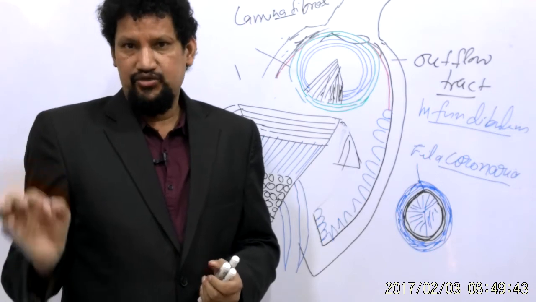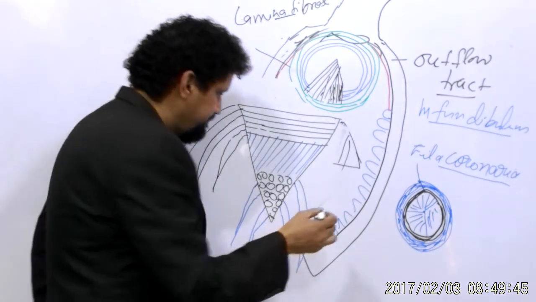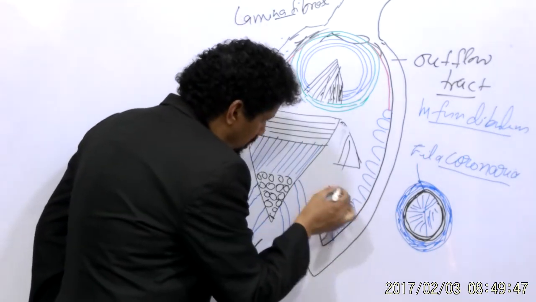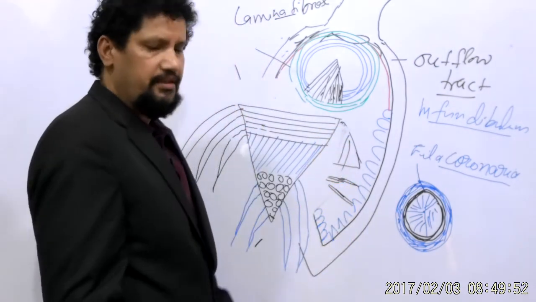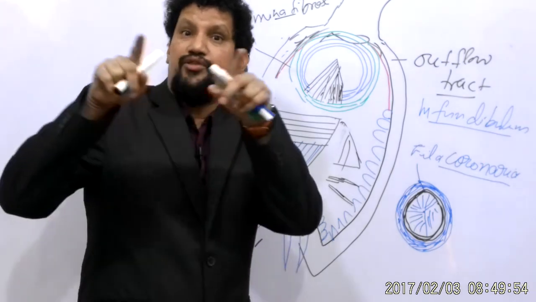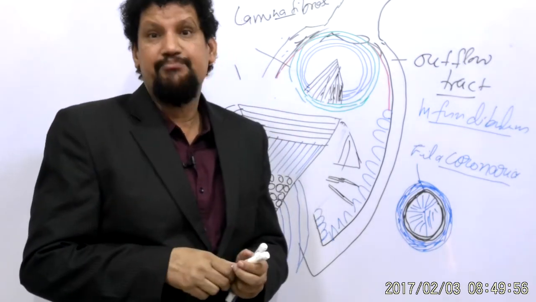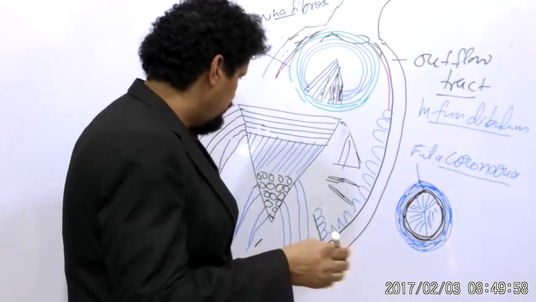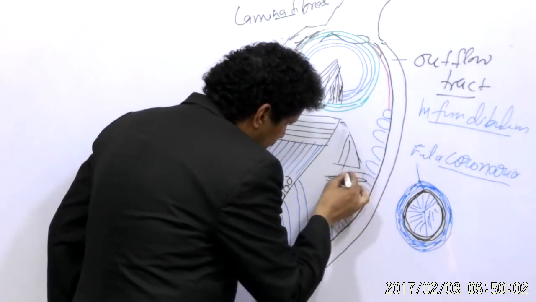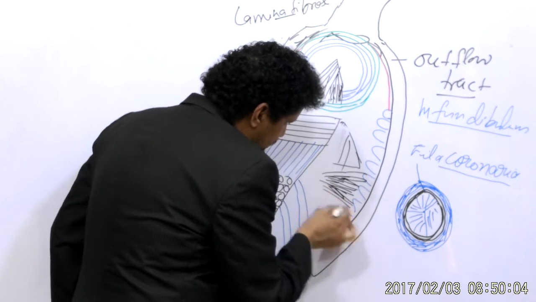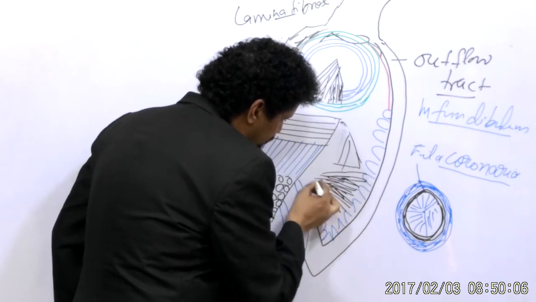One end of this chorda is attached on the internal wall of the ventricle, or to some triangular groups of muscles known as papillary muscles. So the right ventricle has three groups of papillary muscles: anterior, posterior and septal.